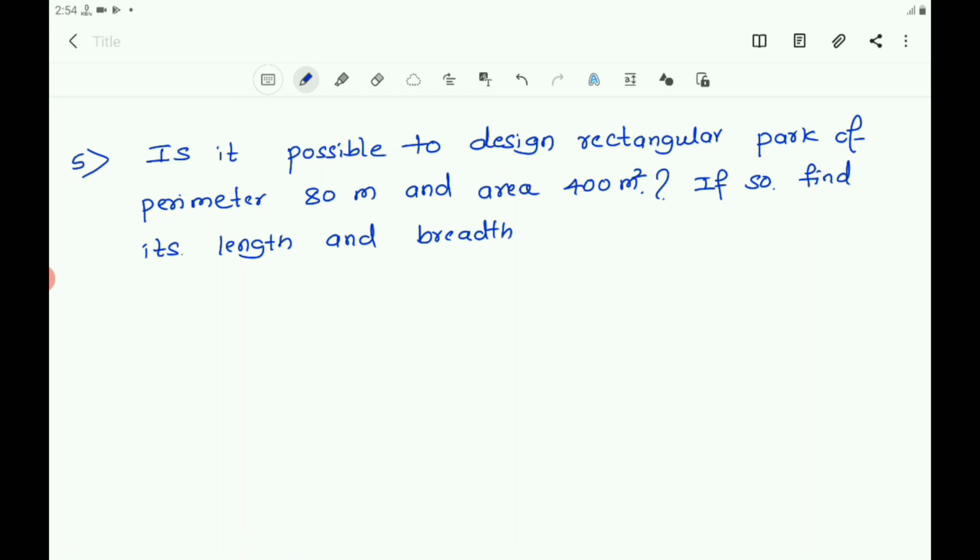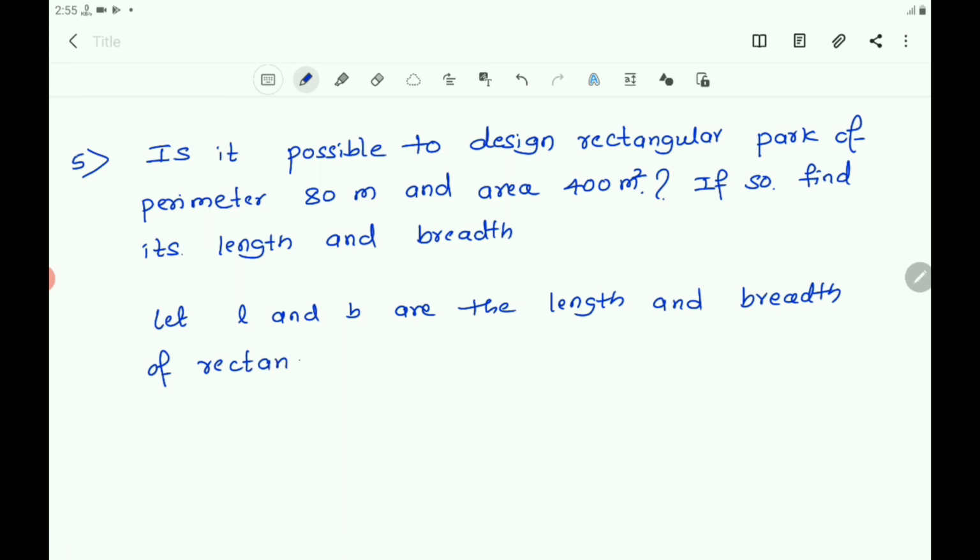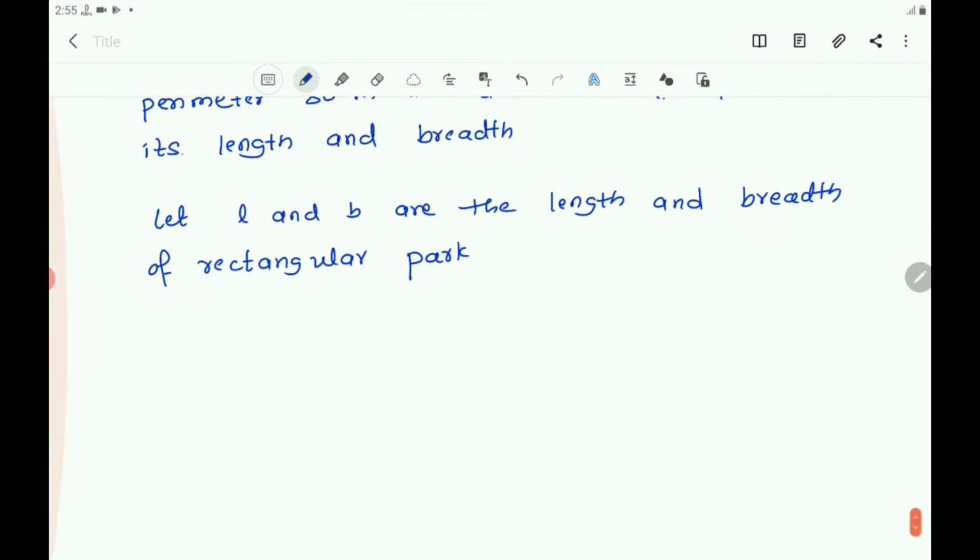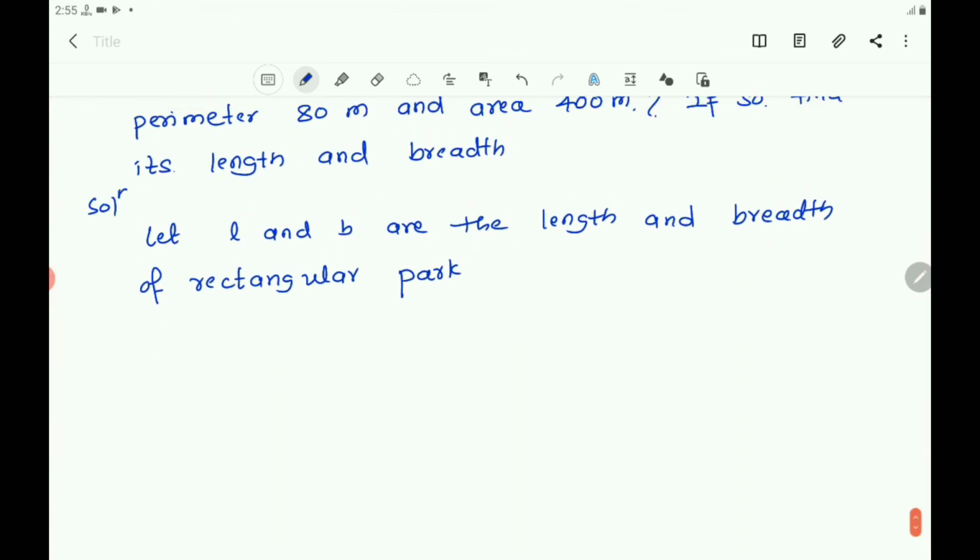Here the perimeter of the rectangle is equal to 2 into (L plus B). So let L and B be the length and breadth of the rectangular park. So you write here, that is the solution.